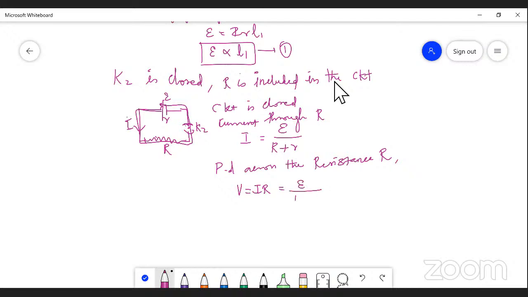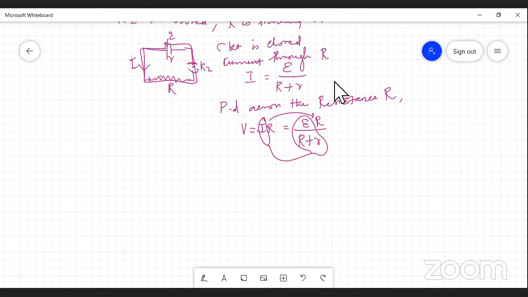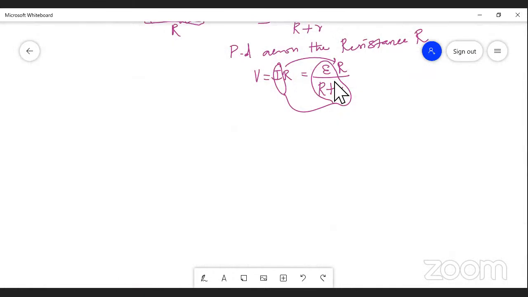So I can write V equals E divided by R plus small r, into this capital R. For current I, I have substituted this one from the earlier expression. So V equals E into R divided by R plus small r. So the potential difference has been calculated.